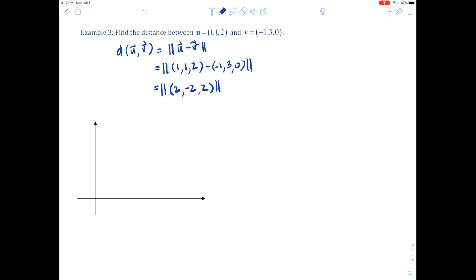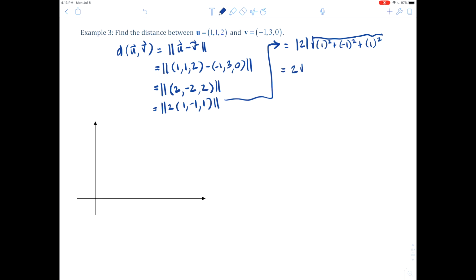And let's do a little trick here to make it easy. Can I factor out a 2 from that? And I'll have <1,-1,1>. So for my magnitude, I'll get the absolute value of 2 times the square root of 1 squared plus negative 1 squared plus 1 squared, which equals 2 root 3 units.